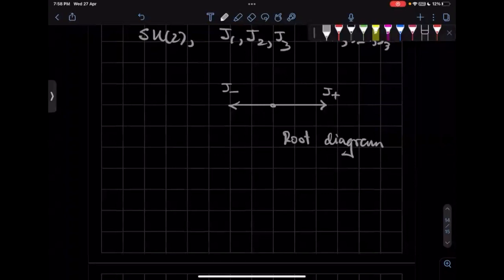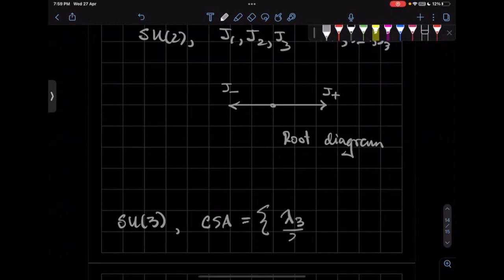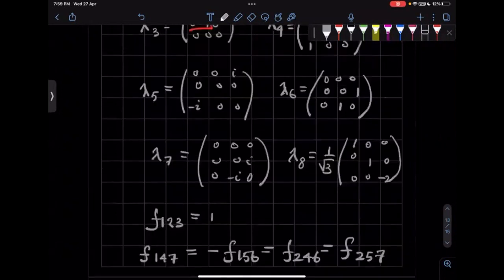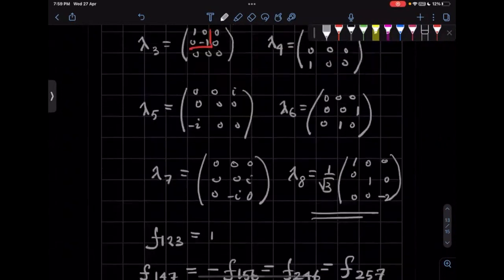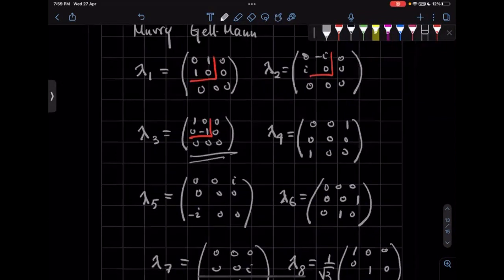So for SU3, we have 8 generators, and our Cartan subalgebra is two-dimensional, right? And we take lambda 3 by 2 and lambda 8 by 2 to be the Cartan subalgebra. You can see that both being diagonal matrices, they commute, right?